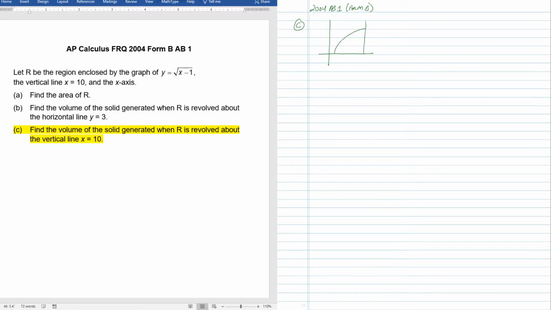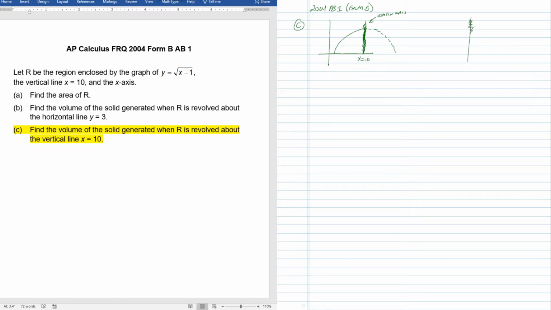It comes down at x equals 10, and in this particular situation, this is also the rotational axis, which means your graph should be coming out to here.